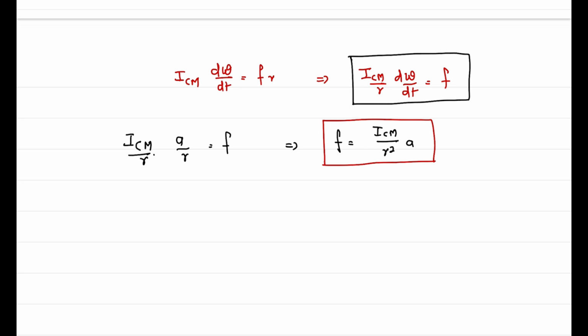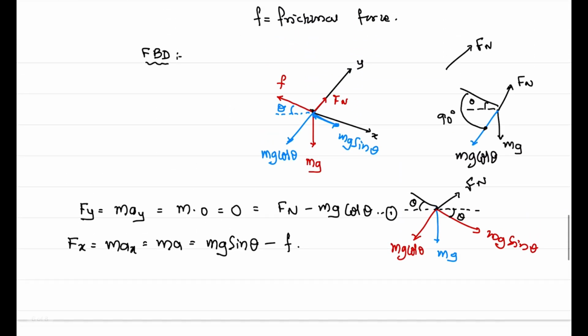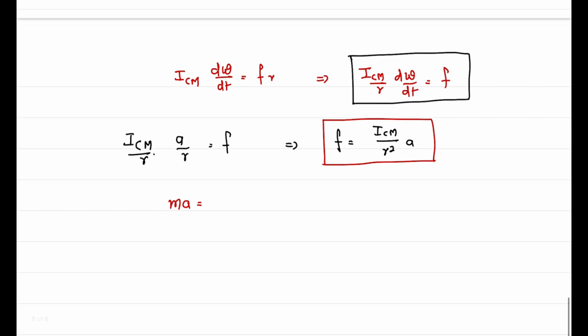But what is our net force? Net force is equal to m into a. But our equation, if you see, ma is equal to mg sin theta minus F. We'll replace F value here.